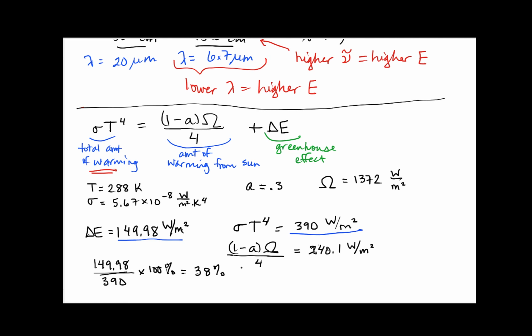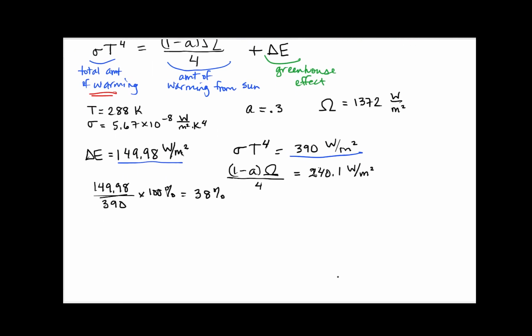So nearly 40% of the warming that is due to the Earth is due to the greenhouse effect that's happening in the atmosphere. So that means that some changes to the atmosphere could result in some pretty significant changes to our overall global average temperature, right?